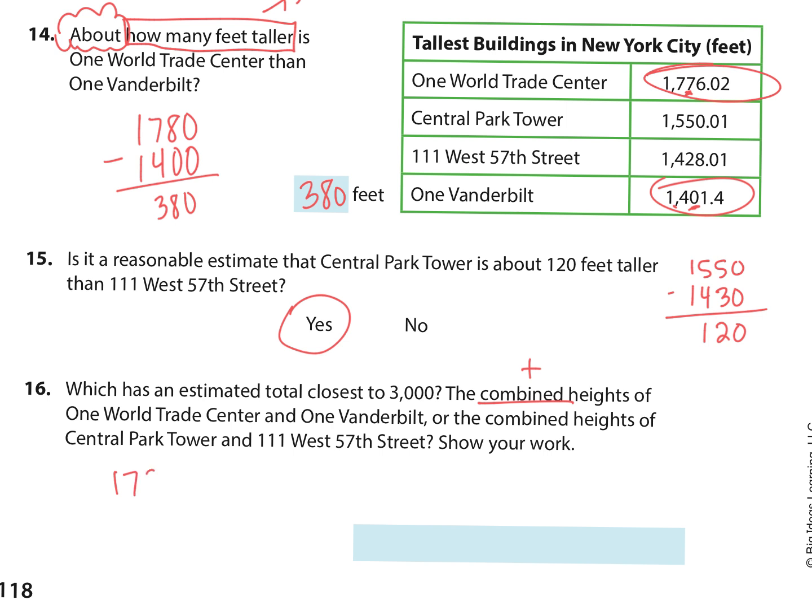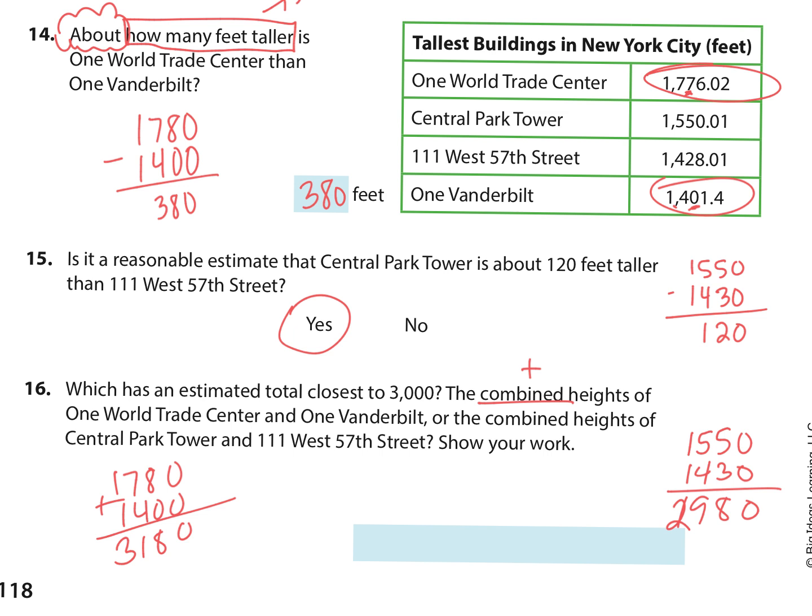So I would do 1780 plus 1400, and that's going to be 3180. And then I have the other 2 that I subtracted a little bit ago, these 2 numbers. If I do 1550 plus 1430, that's 2980.